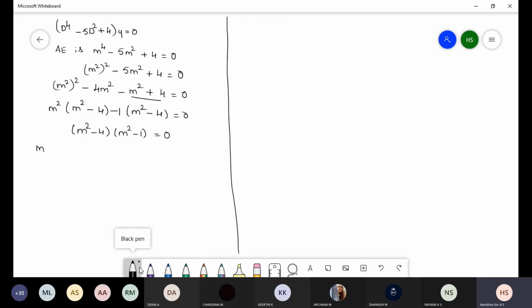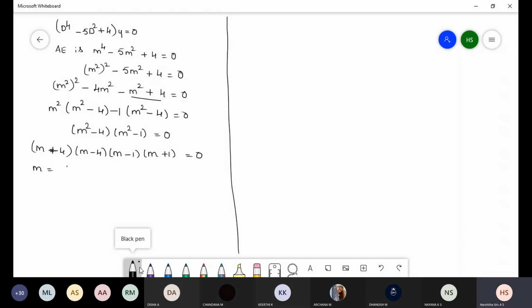So again, using a square minus b square, m plus 2, m minus 2. Again a square minus b square means m minus 1 into m plus 1 is equal to 0.